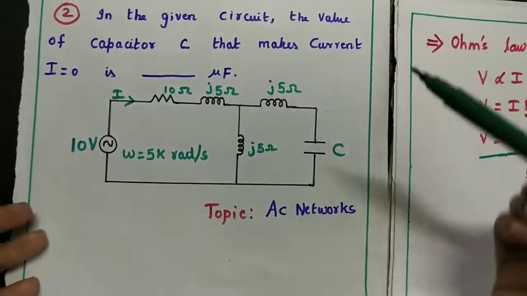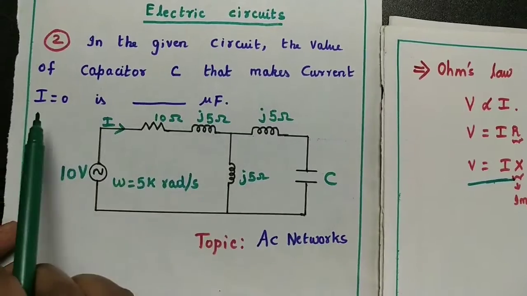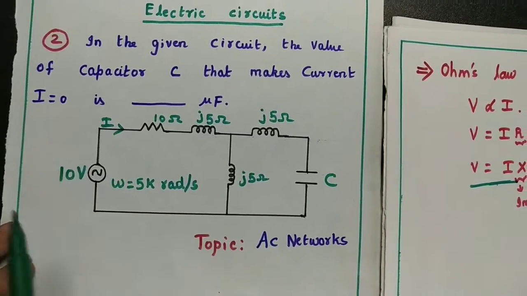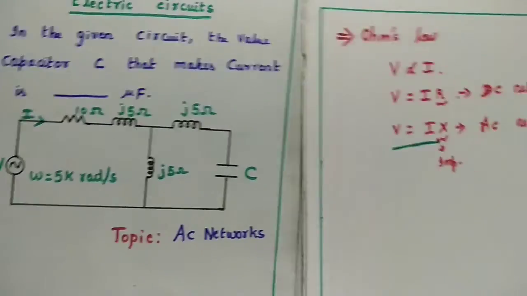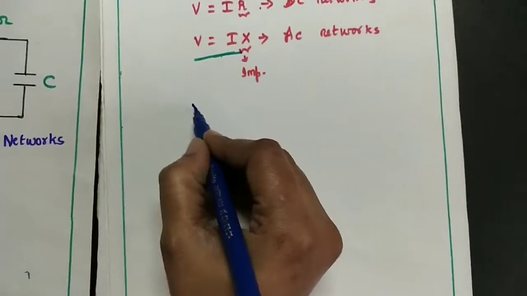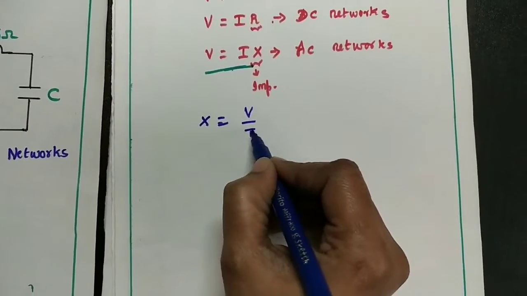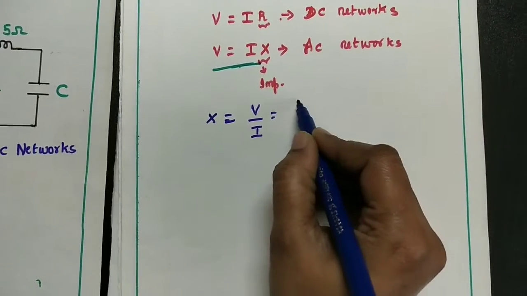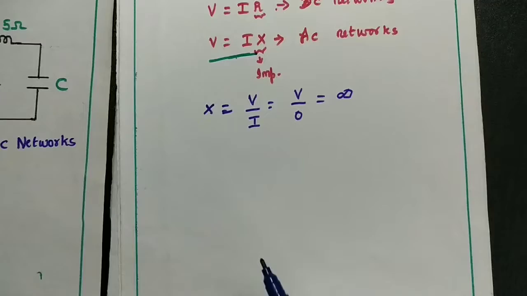See the question. We have to find the capacitor C that makes current I equal to 0. So the given condition is current I equals 0. Now in this equation, let me substitute the impedance X equals V by I. So I equal to 0 means V by 0, so impedance becomes infinity.